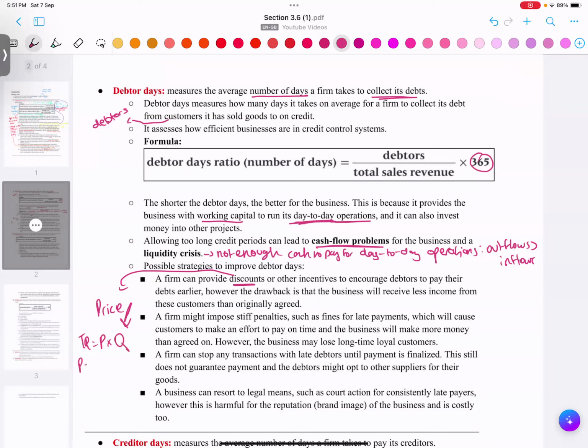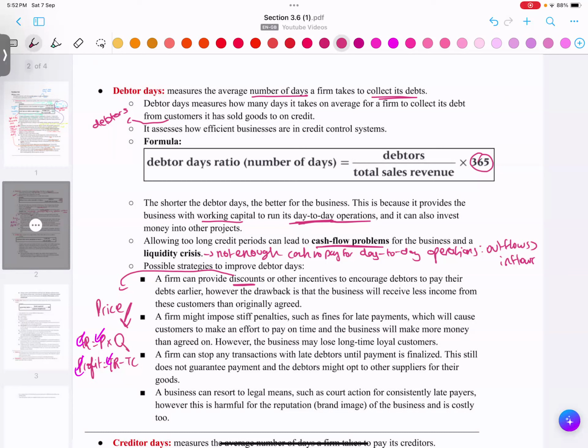Profit is total revenue minus total cost. So a decrease in price will lead to a decrease in total revenue, which will lead to a decrease in profit. This is how this will lead to a loss. That's the first point: they will receive less income from debts paid earlier than these customers originally agreed.